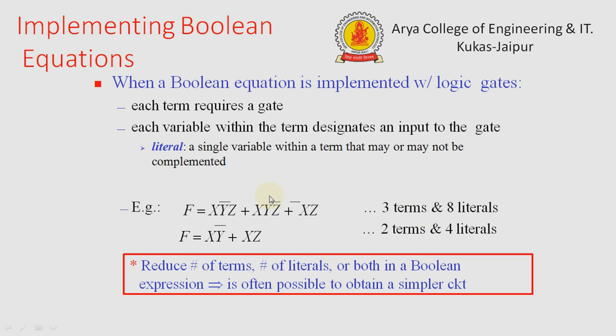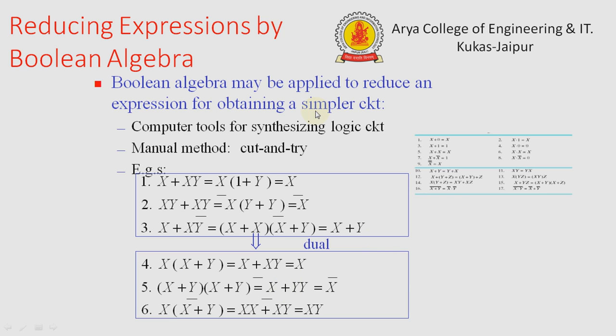This has 3 terms and 8 literals, and this should have 2 terms and 4 literals. So reducing the terms, literals, or both in a Boolean expression often makes it possible to obtain a simpler circuit. So to make a simpler circuit, we apply the theorems here.